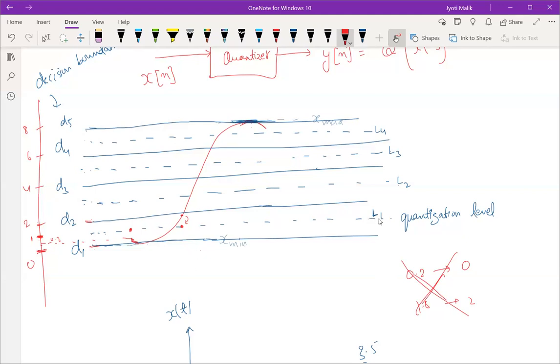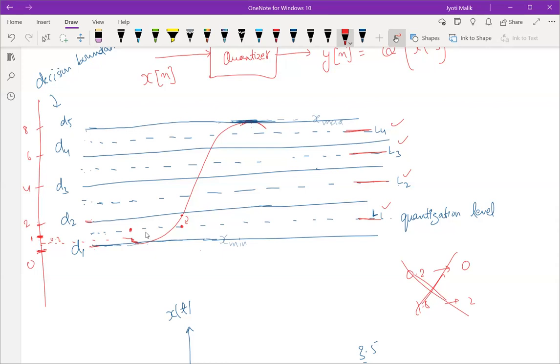So we will have either level L1 or L2 or L3 or L4. All the values we have to map only to these 4 values. So you can say 2 is not in the options. You can either map it to L1 or to L2, and it is closer to L1. That's why we are mapping it to L1.